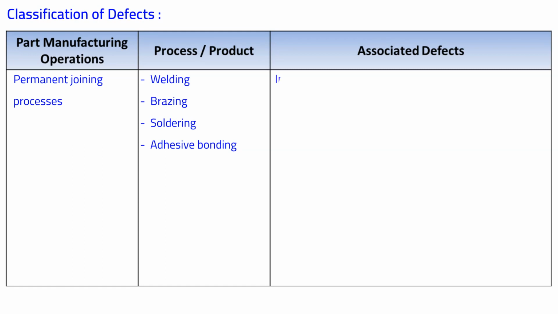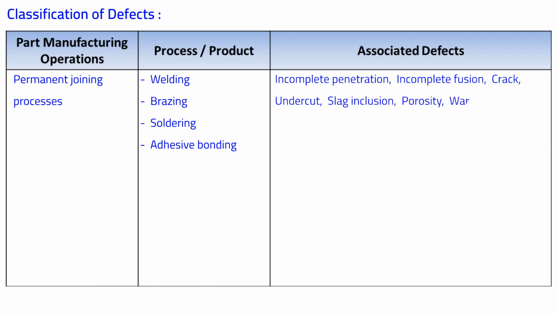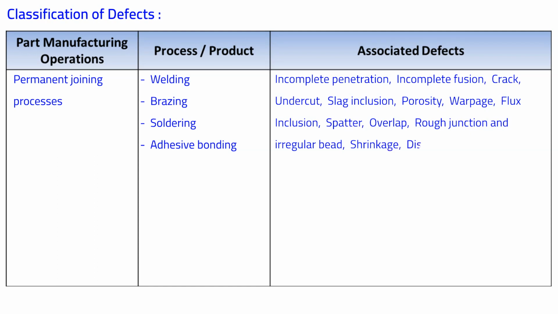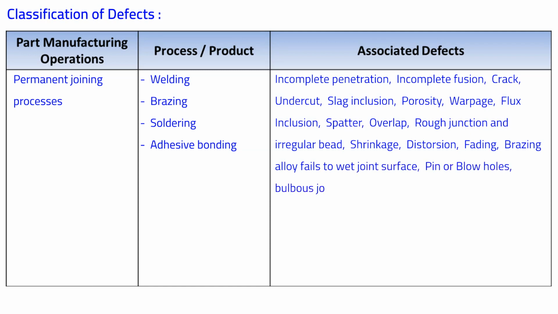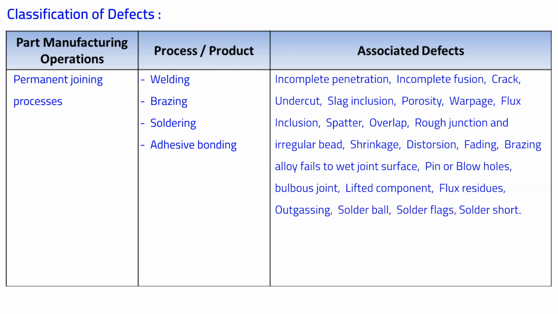Defects associated with these processes are incomplete penetration, incomplete fusion, crack, undercut, slag inclusion, porosity, warpage, flux inclusion, spatter, overlap, rough junction and irregular bead, shrinkage, distortion, fading, brazing alloy fails to wet joint surface, pin or blow holes, bulbous joint, lifted component, flux residues, outgassing, solder ball, solder flags, solder shorts, solder skip, sunken joint, mask discoloration.